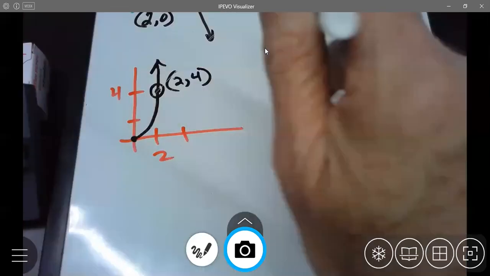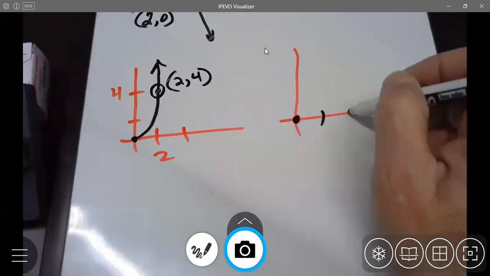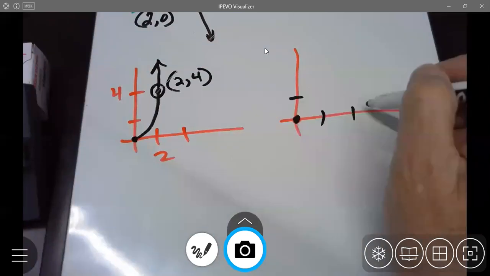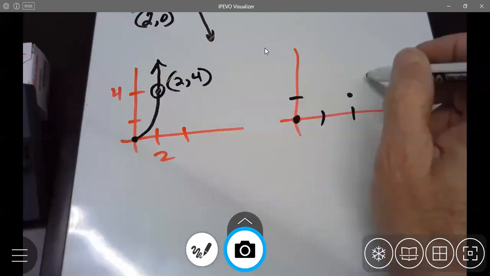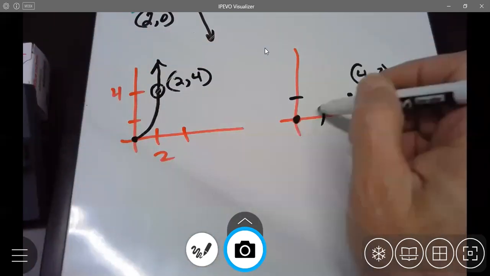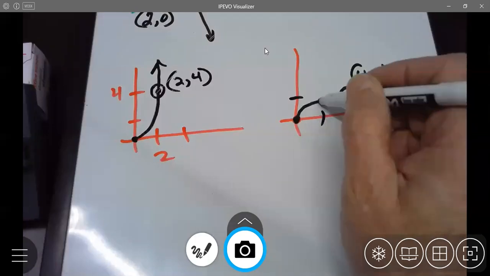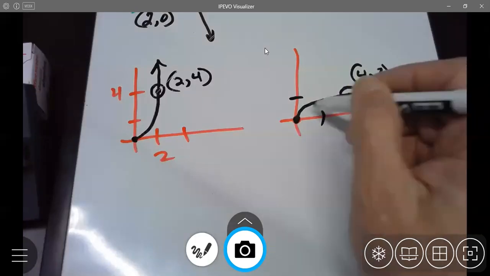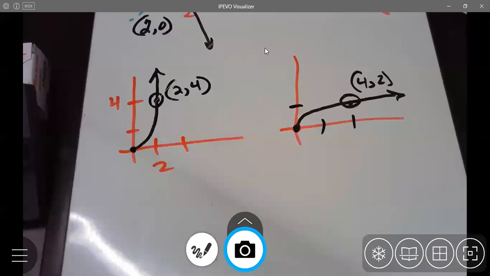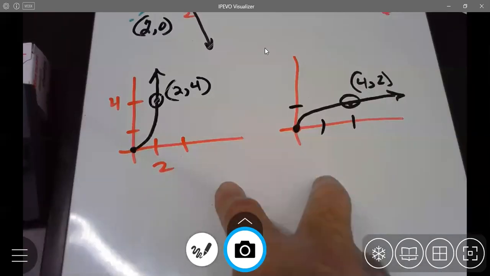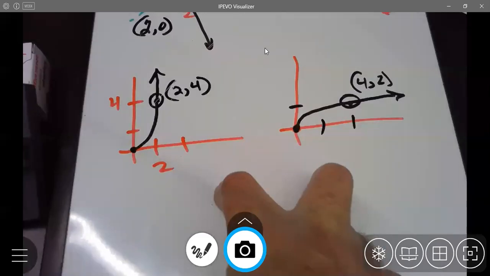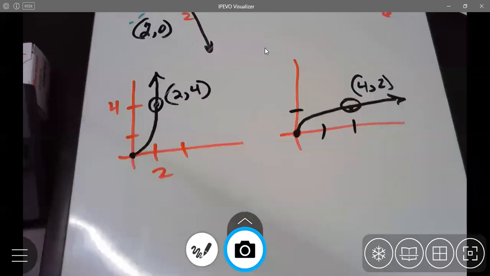Now you switch it, and now this is 4, 2. And so it comes up and looks like that. So you probably could look at the graphs and be able to pick them out, but if you can't, then you could always do this technique.